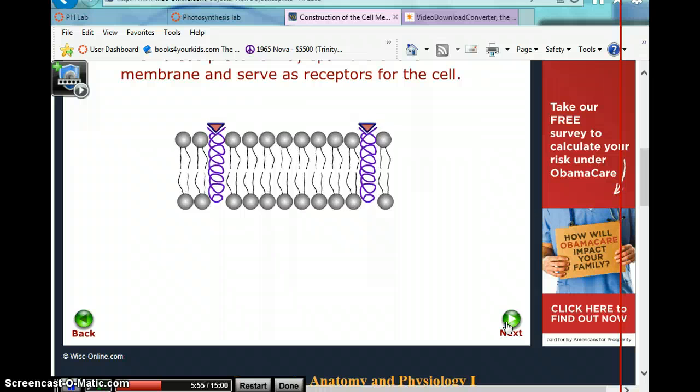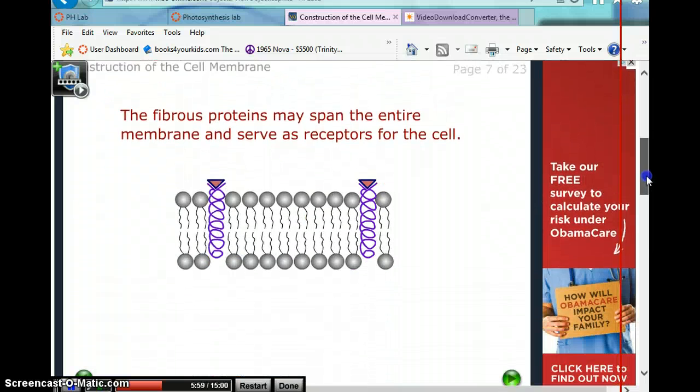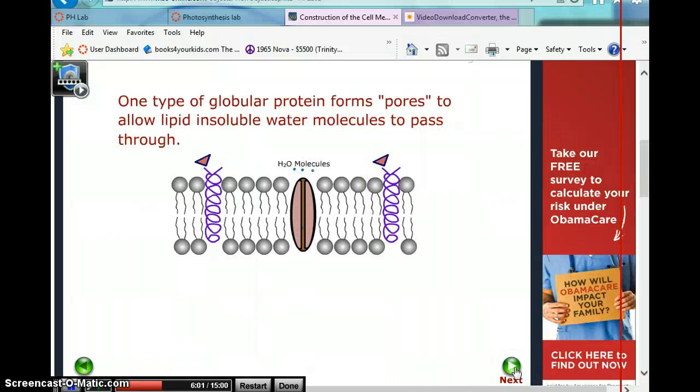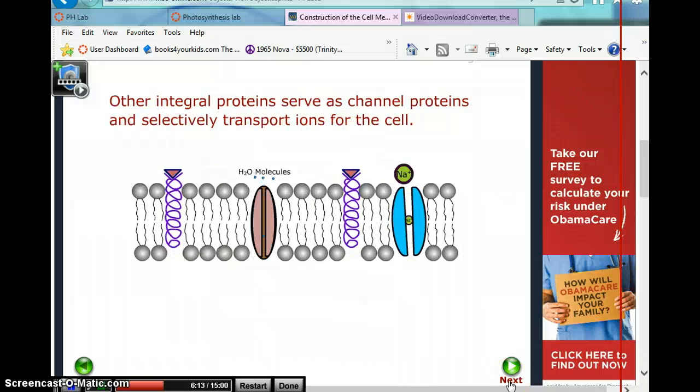Here are my fibrous proteins, right? Squiggly lines. Then it says globular proteins. And you're never going to have to know specific types of proteins, just any strange looking object is a protein.